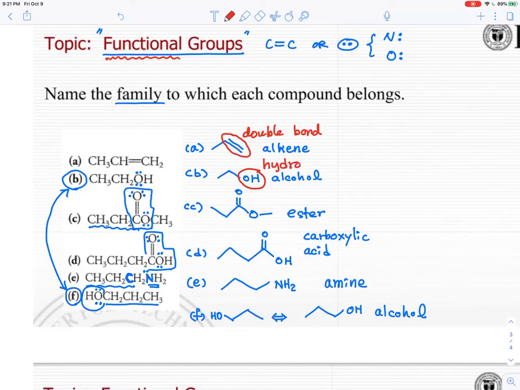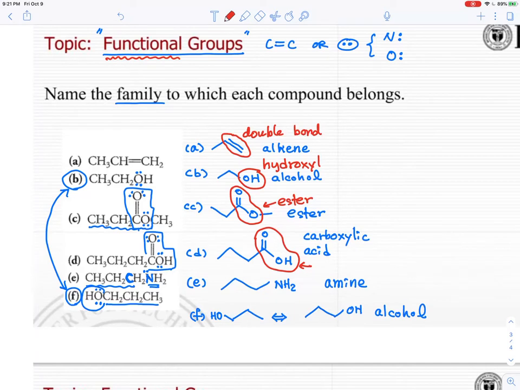This is hydrogen, and then there is an oxygen, so hydroxyl. This is a hydroxyl group. And this is COO, which is what we call the ester group, and COOH is a carboxylic acid. We just call that an acid group.